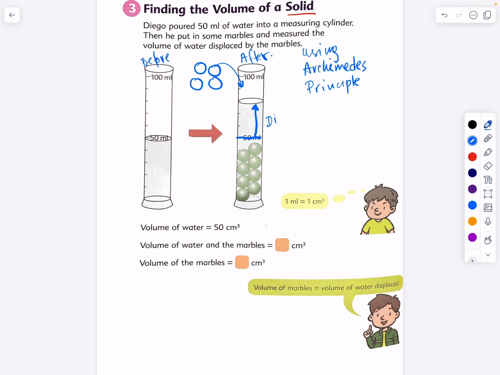We call it displaced water. It will rise up exactly according to the volume of the objects that were placed in the water.